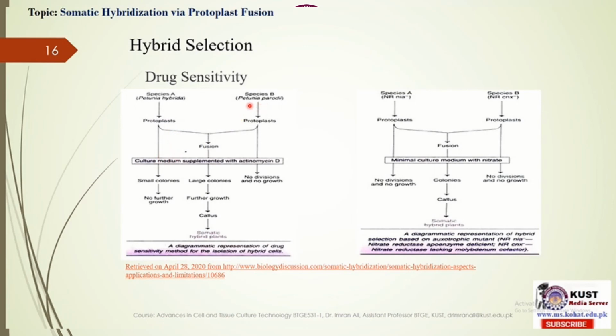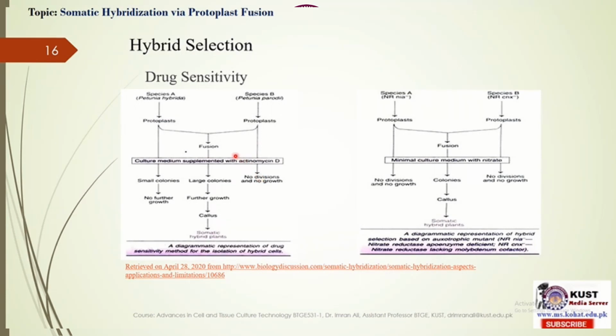On the other hand, Petunia parodii protoplast forms small colonies and it is resistant to the drug actinomycin D.